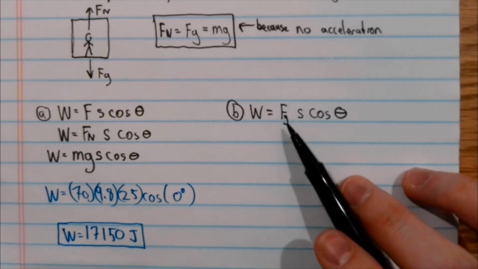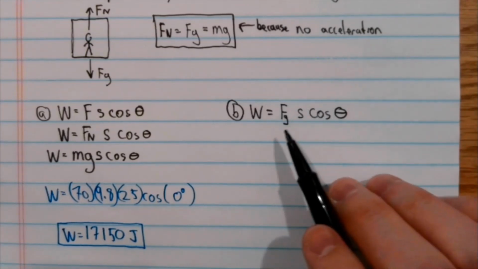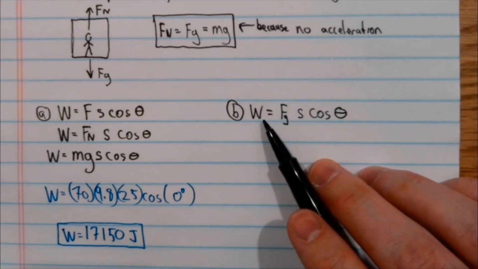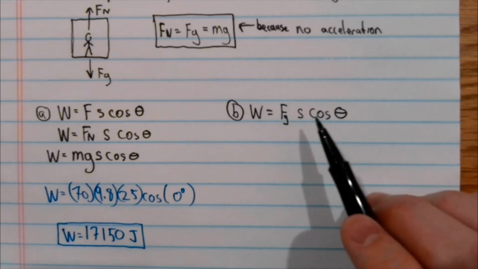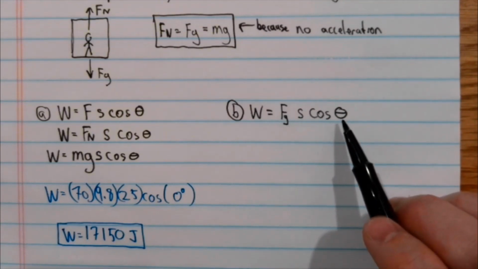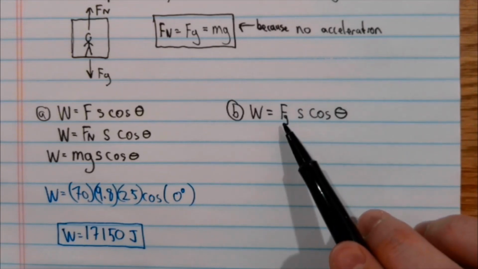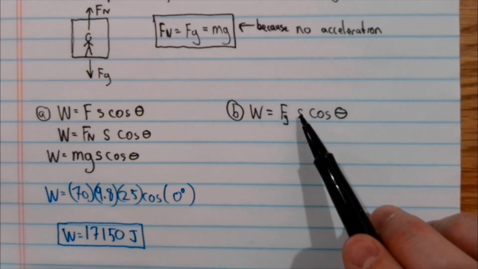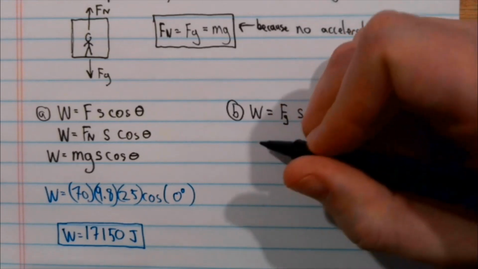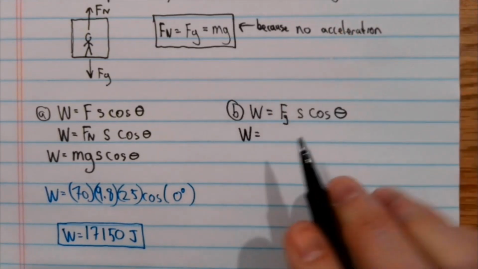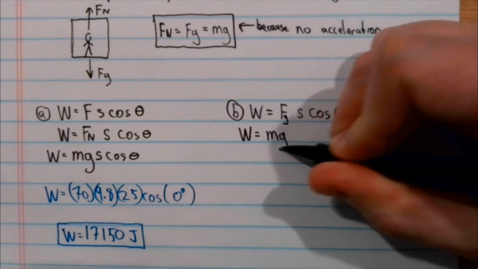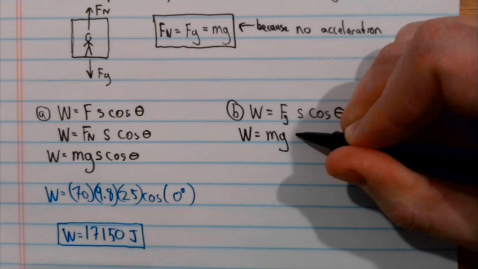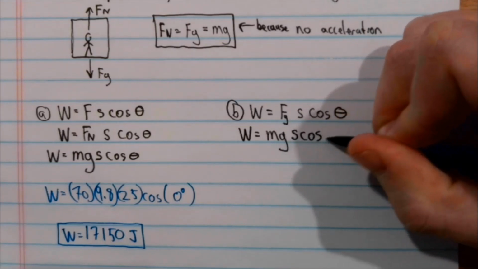You don't have to write Fg. Okay, so the work done by gravity is gravitational force times displacement times cosine of the angle between gravitational force and S. To calculate gravitational force, it's right here, it's mg. mg times S cosine theta.